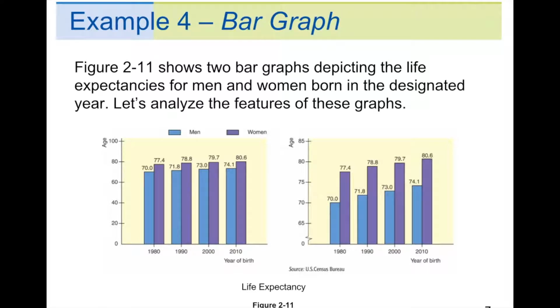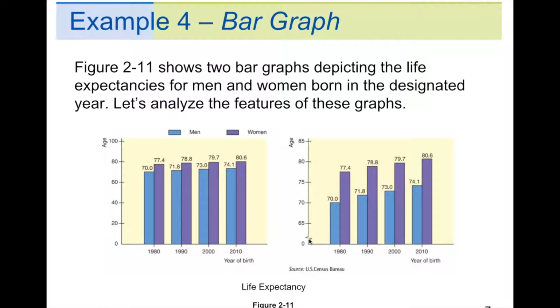So here I have 2 bar graphs that depict the life expectancies for men and women born in the designated year. If you notice, these are actually the same exact graphs. The only difference is on the left, we have the range for the age going from 0 to 100 evenly spaced out. On the right here, though, we essentially start at 65.